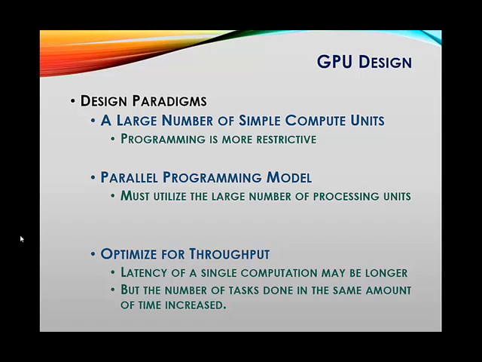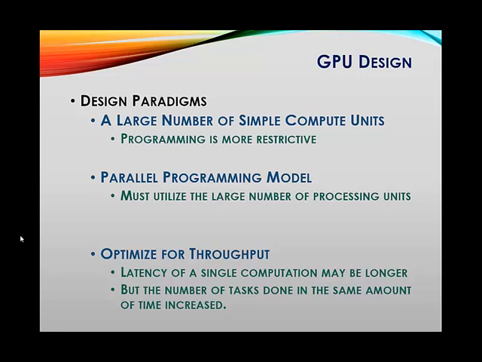The latency of a single computation with this model may be longer. Notice that our simple compute units are simple, which means that to compute a complex operation, they will need to take a longer time.